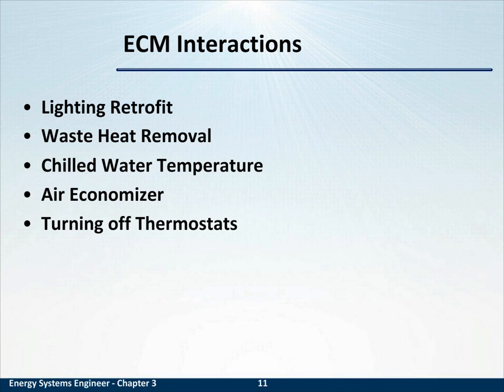Often chilled water is colder than it needs to be to remove the heat load, and you can increase chilled water temperature. That'll save you energy. However, as you saw on the psychrometric chart, increased chilled water temperature can increase dew point, and it can reduce dehumidification. You may now have an increased HVAC load because of increased humidity.